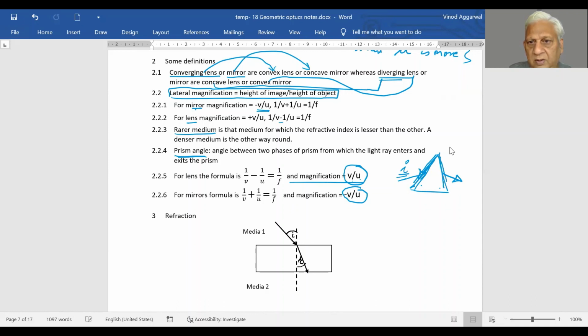So the faces involved in getting the rays in and getting the rays out, that angle is called angle of prism, normally denoted as A.